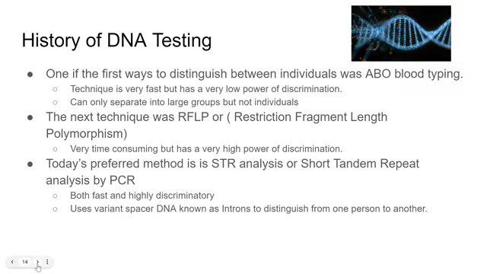Today's preferred method, however, is the STR analysis, or the short tandem repeat analysis by PCR. This is both fast and highly discriminatory. It uses variant spacer DNA, known as introns, to distinguish from one person to another. This is the method that we will be using through our labs for this unit as well.